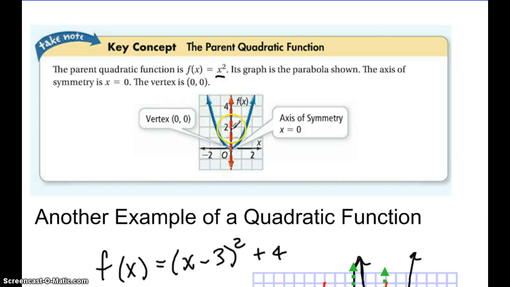The axis of symmetry goes right through the graph, creating a mirror image on either side, and the vertex here is going to be 0, 0. The axis of symmetry is going to be the h value for your vertex, and those are the basic components of a quadratic function.